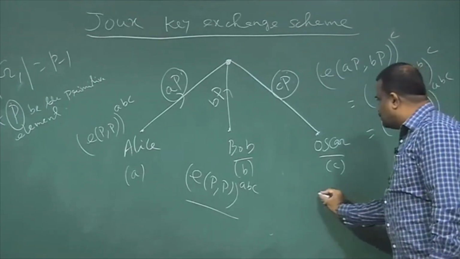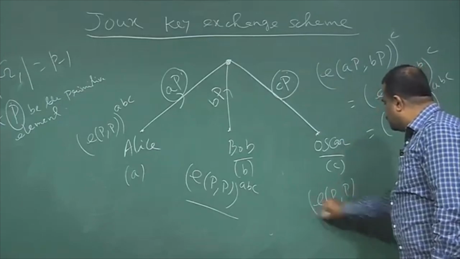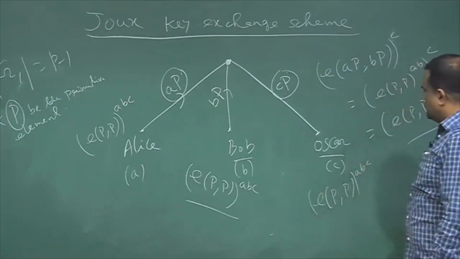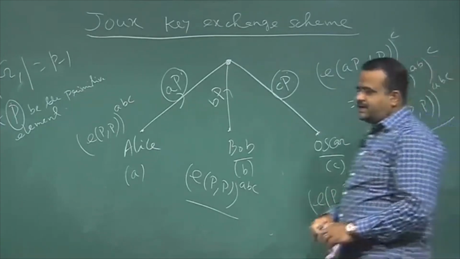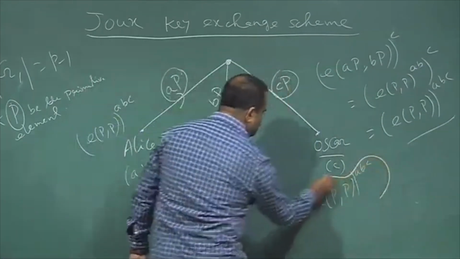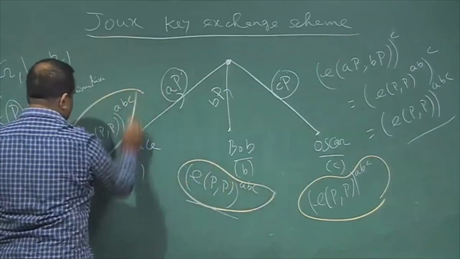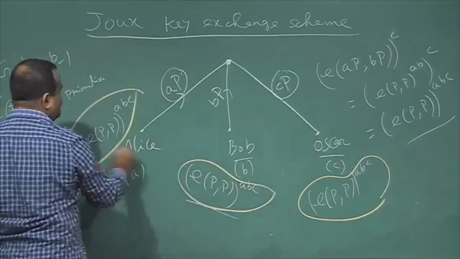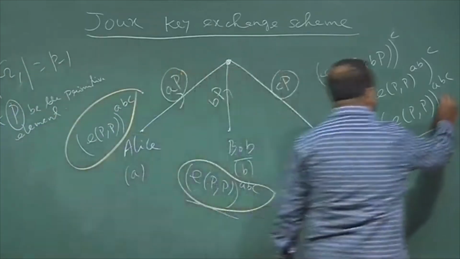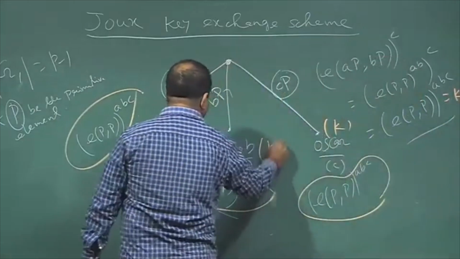So Oscar also has e(P,P) to the power abc. This is the secret key shared between these three parties. If this is k, then this k is agreed between the three parties.